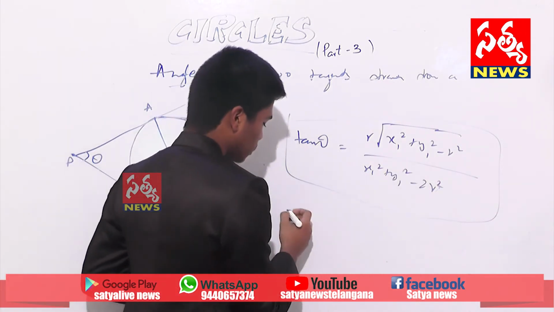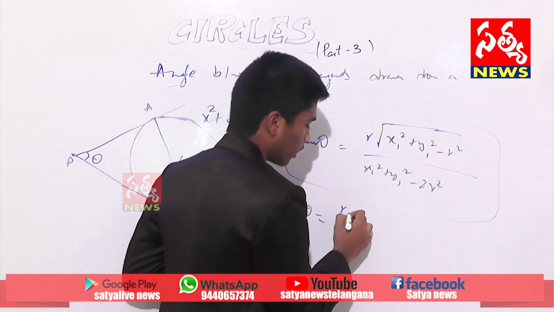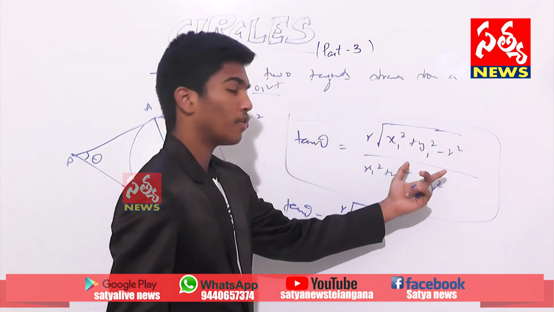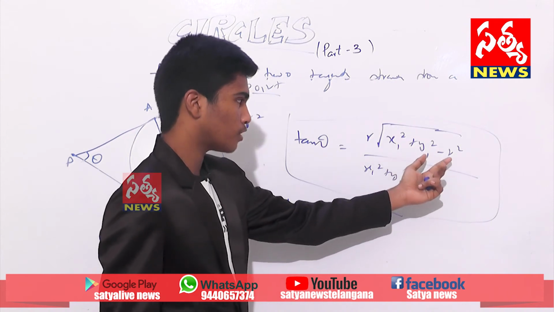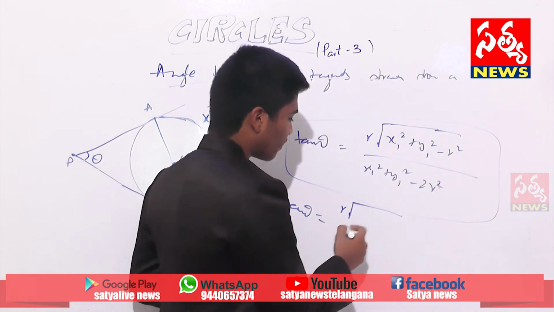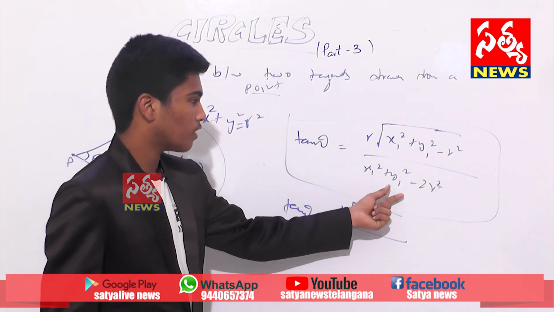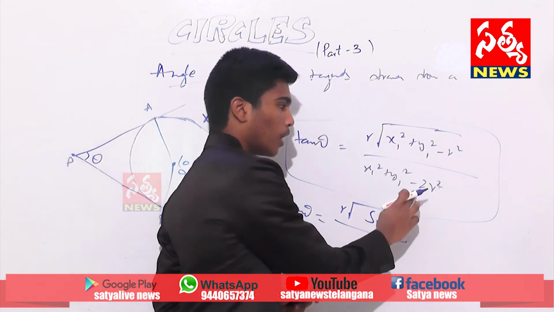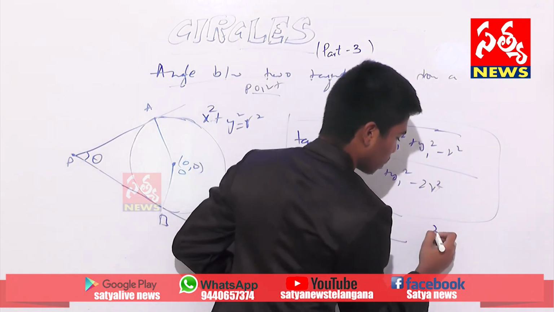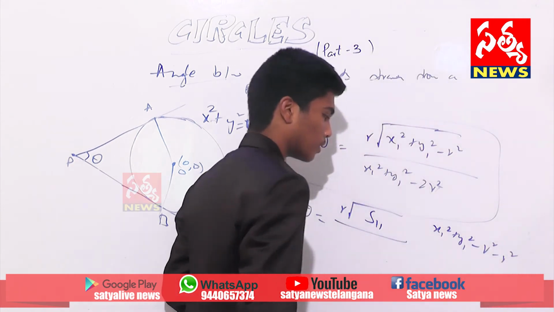You can further simplify this also, where we can write tan theta is equal to r under root. If you observe here, x1 square plus y1 square minus r square is the same as S11, which I have said before, by x1 square plus y1 square minus 2r square, which can be written as x1 square plus y1 square minus r square and minus r square.